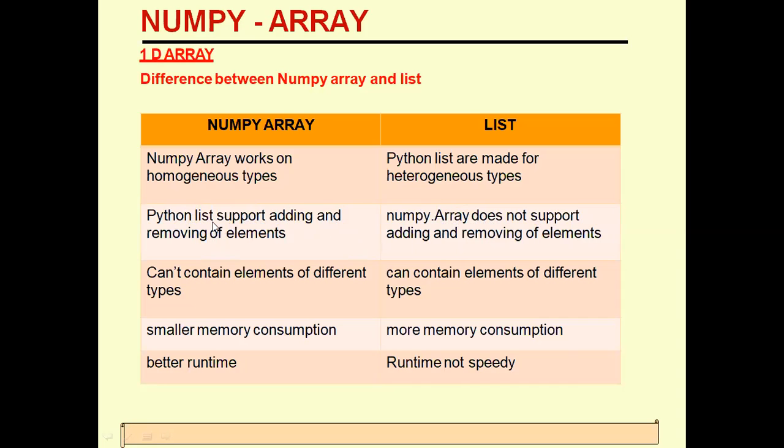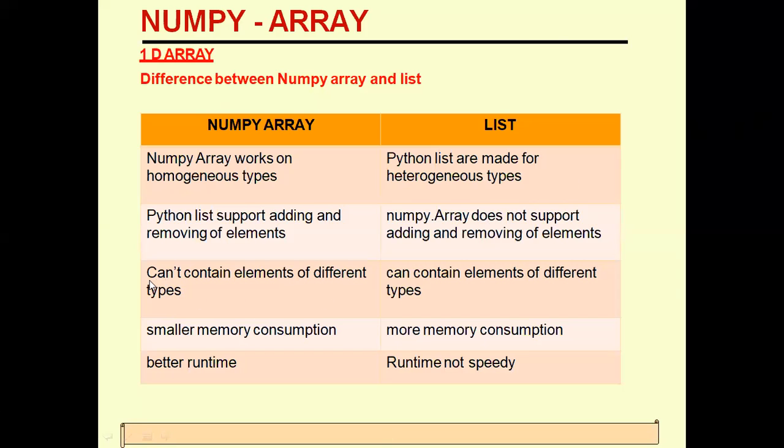So a Python list supports adding and removing elements. In a list, you can add or remove an element. And a numpy array does not support adding and removing an element. Once you have fixed it, that will be a fixed value, because the same variable is shared in different indexes.